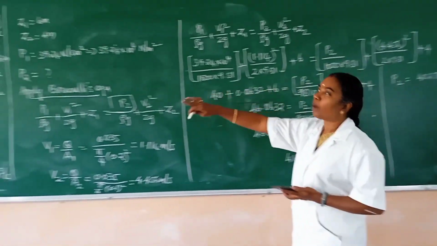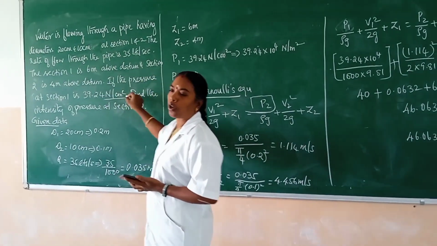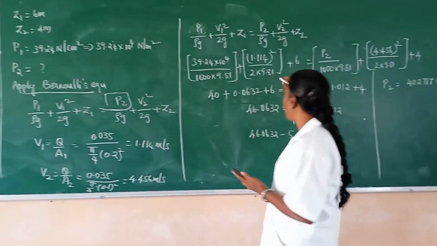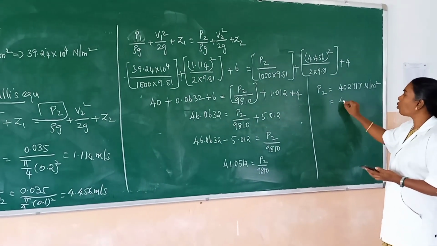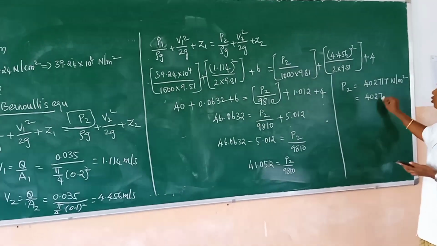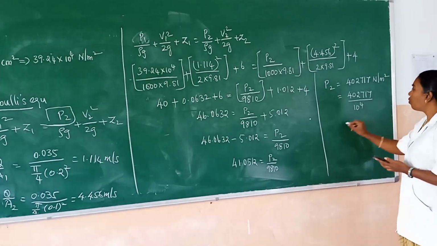Here in the problem they are given the P1 value in Newton per centimeter square. So we are also converting this pressure value P2 also to Newton per centimeter square. So we can divide this by 10 to the power of 4: 402.717 divided by 10 to the power of 4.